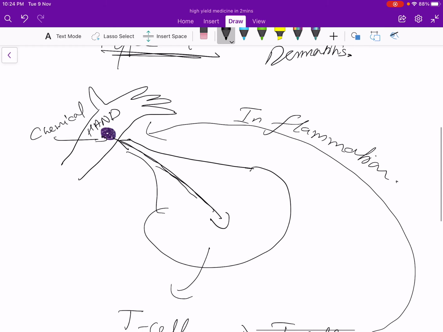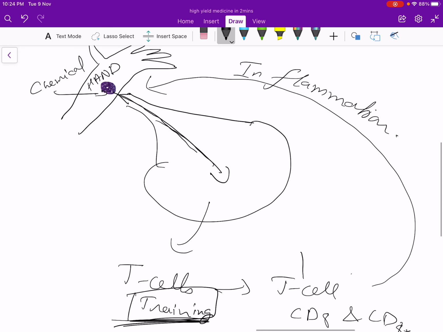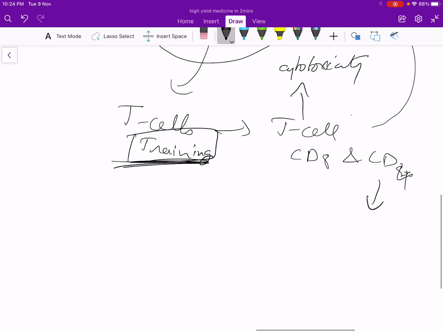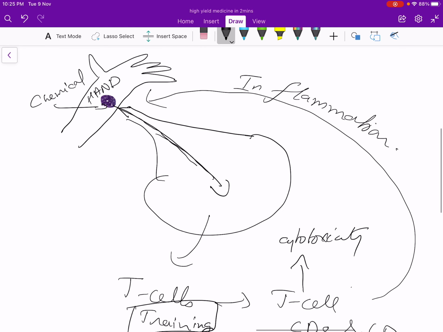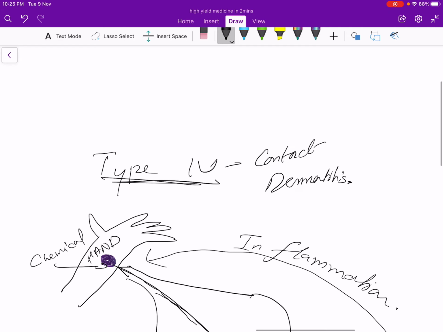CD8 cells cause direct cytotoxicity to the skin, and CD4 cells recruit further immune cells and cause inflammation of the place after 1 to 2 weeks. That's why type 4 hypersensitivity reaction is called delayed.